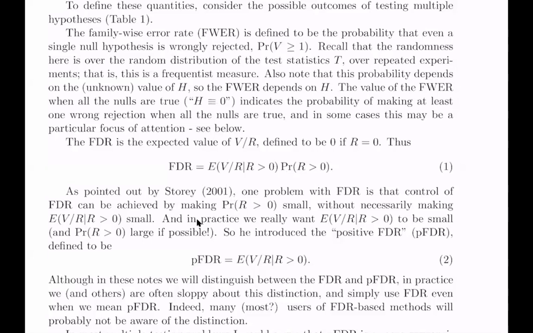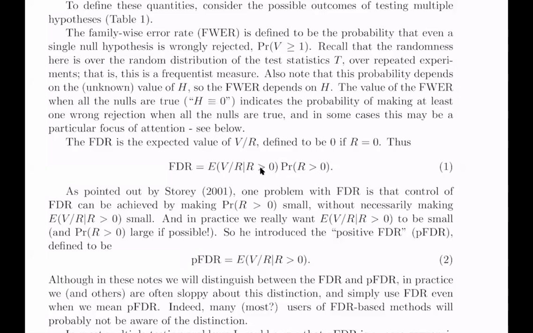And so Storey, motivated by that, defined this quantity he called the positive false discovery rate, which is this part here. But the problem with the positive false discovery rate is that you can't control it in the frequentist sense. That is, you can't have procedures that guarantee, in general anyway, that this is less than some threshold.